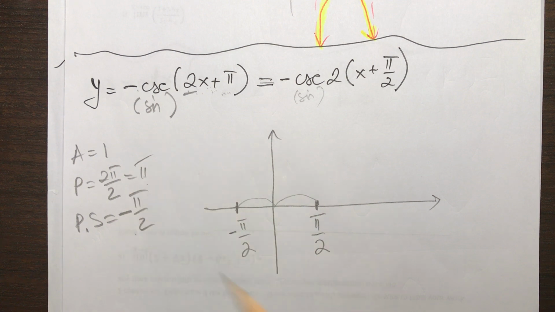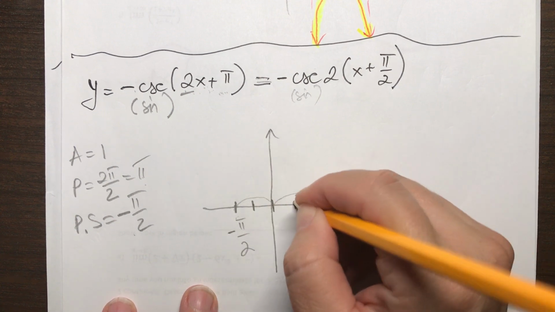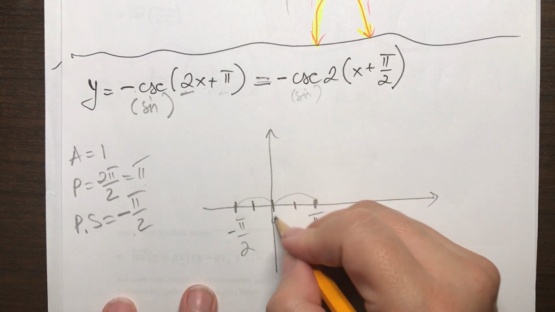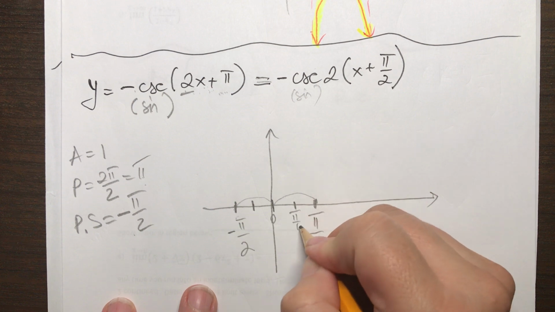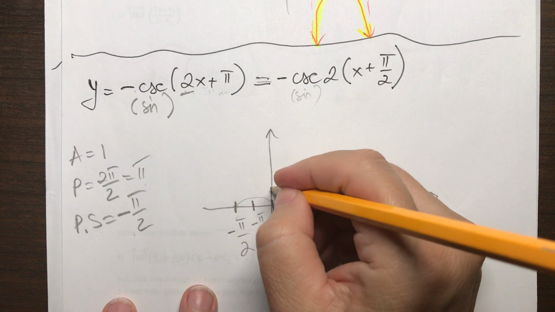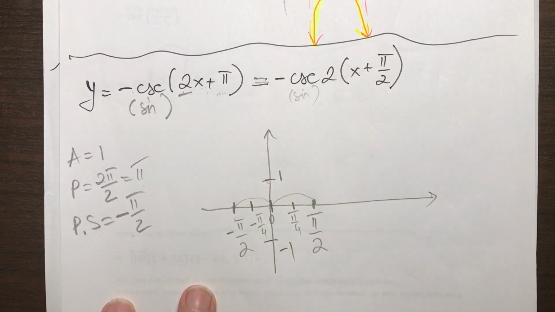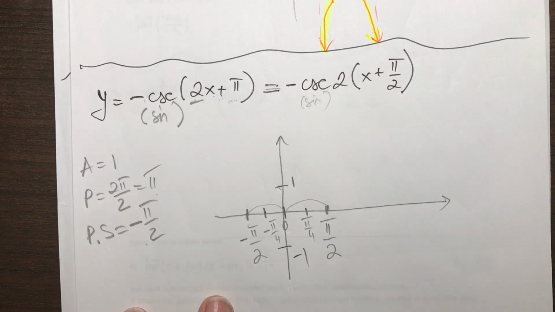Negative 1/2 plus 1 is positive 1/2. So that's where it starts, that's where it ends. As always, I need to cut my halfways: halfway 0, pi over 4, negative pi over 4. The amplitude is 1, from 1 to negative 1.